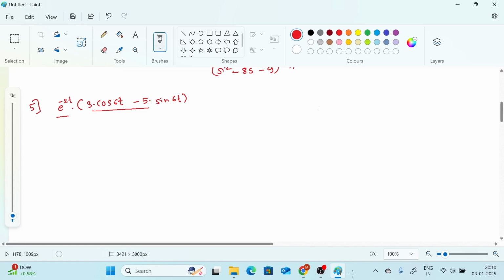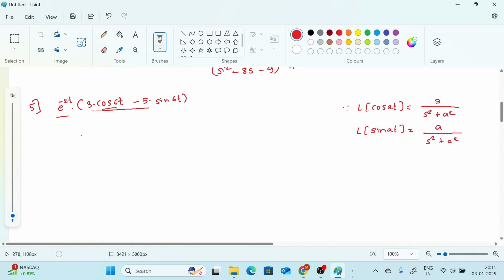Now, what we need to do here, we know the value of Laplace of cos at and the value of sine at, right? What is that? Laplace of cos at is equal to s upon s square plus a square. Laplace of sine at is a upon s square plus a square, right?